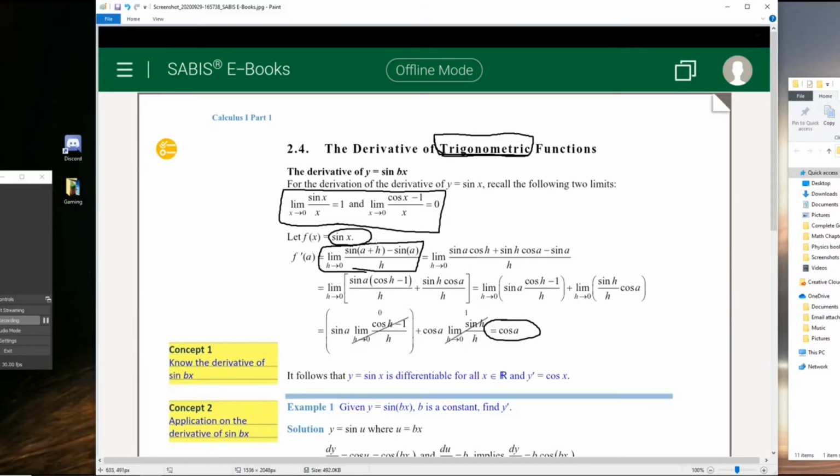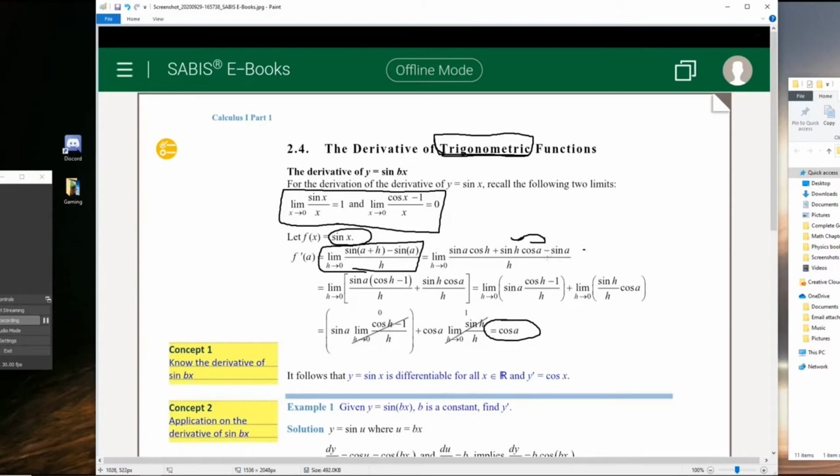The sine of an angle plus an angle is sine a cosine h plus cosine a sine h. They flipped the sine and the cosine, but anyway, you know what to do, just do what they did. So sine a times cosine h plus cosine a times sine h, same thing.